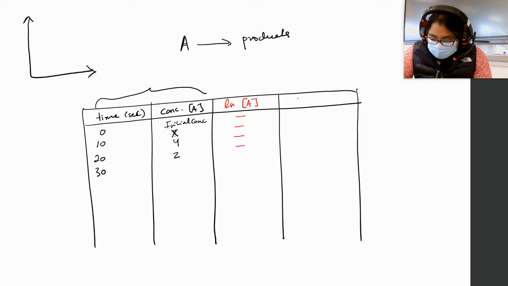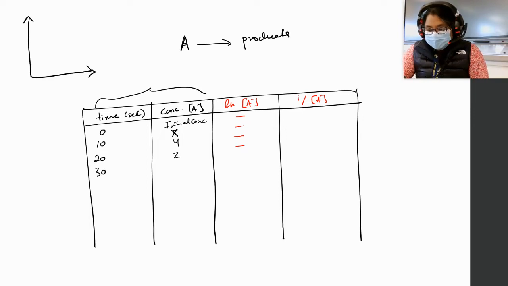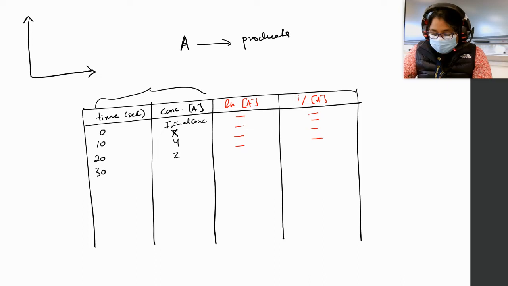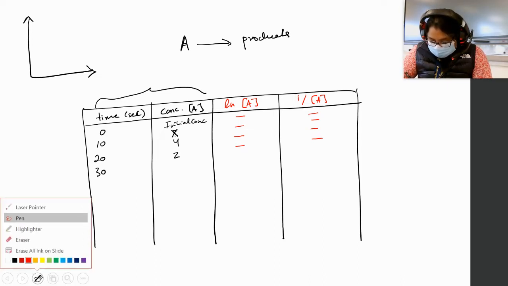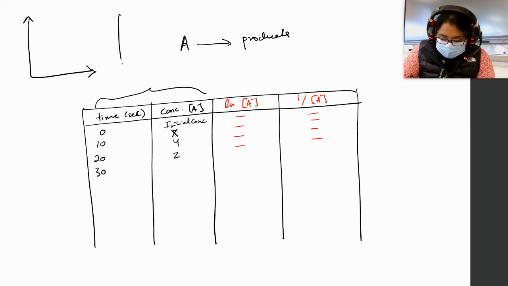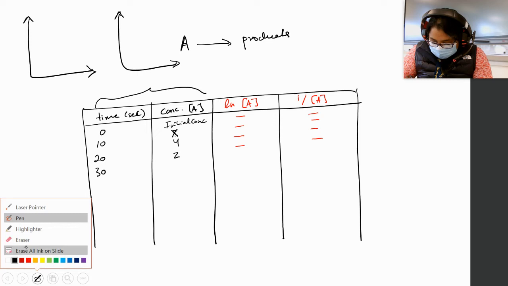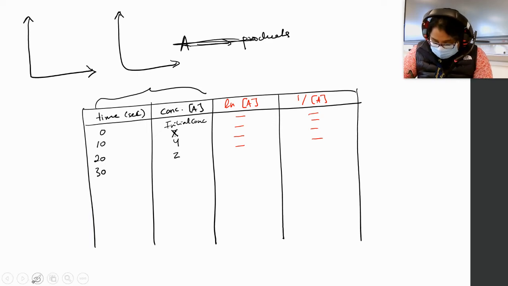And then you could also do 1 over the concentration of A. You just take the concentration and you put 1 over it. And then you calculate what's this, this, this. Okay, so now you have your data points. Now you'll need 3 graphs to figure out. So here's your second graph, and here's your third graph.